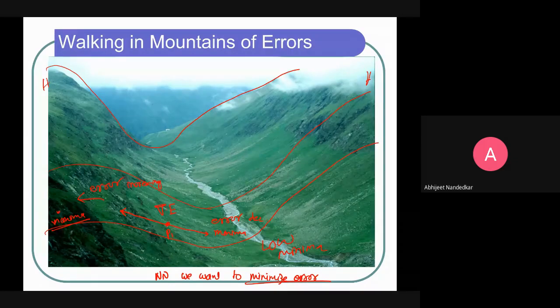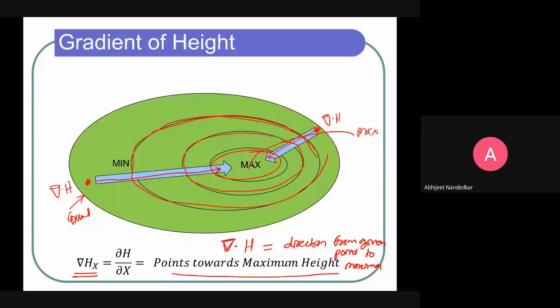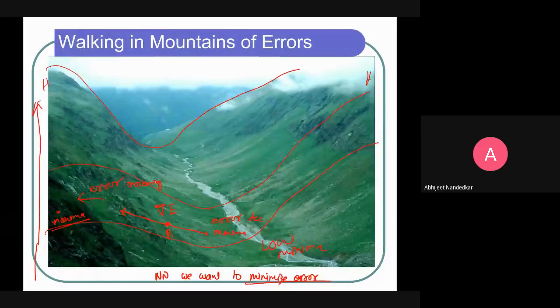Now the variables that control my error are the weights in this case. In the case of the mountain, we had the coordinates x1, x2 as the parameters.